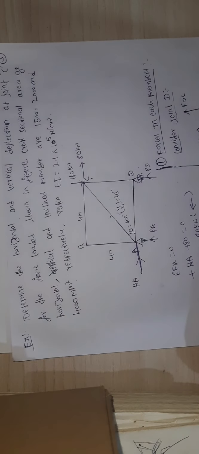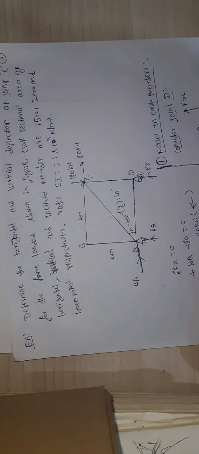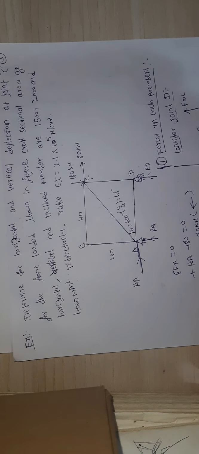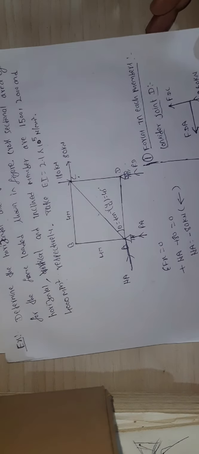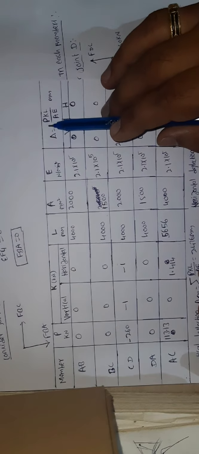So you already know what is the deflection of trusses by using unit load method. How to find out this one? We can find out delta in trusses. I can find out delta equals to PKL by AE.